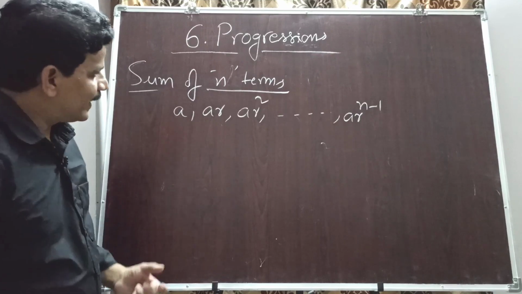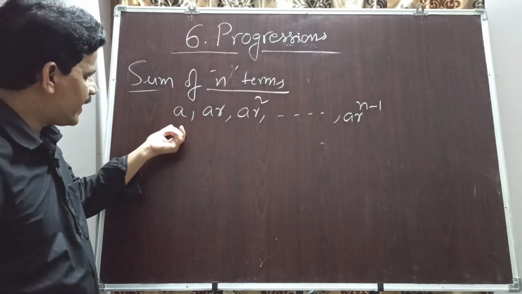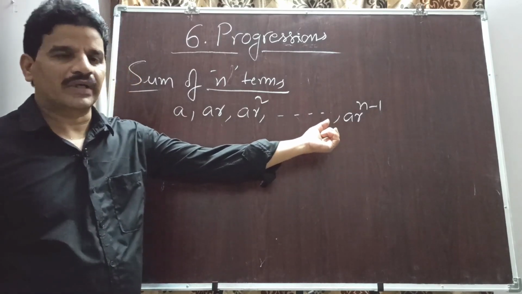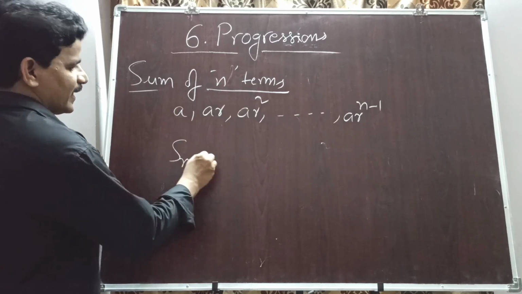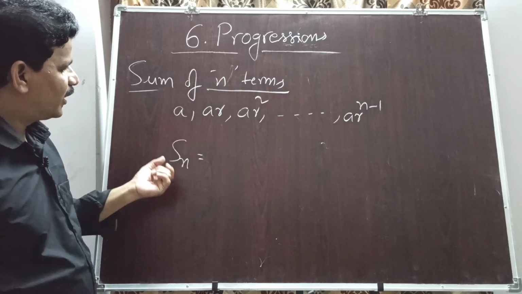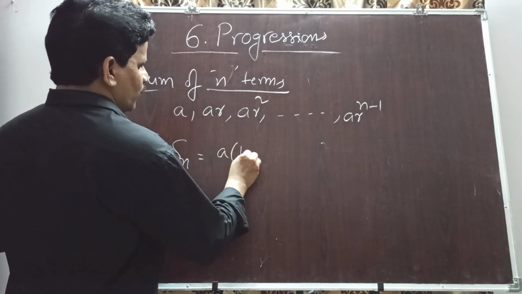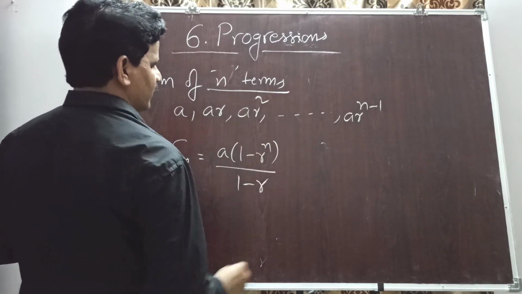Now, sum of n terms in geometric progression. The geometric progression is a, ar, ar square and so on, a into r power n minus 1. Therefore Sn, the sum of n numbers in geometric progression, is given by a into 1 minus r power n by 1 minus r.